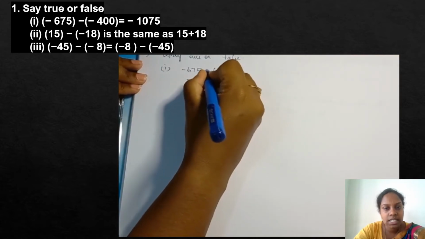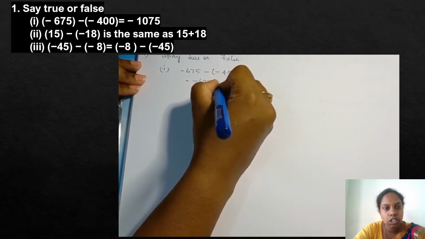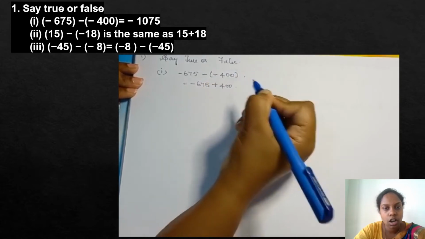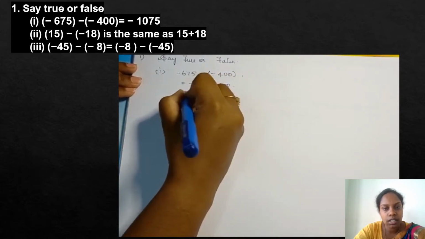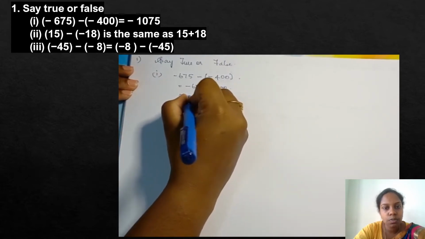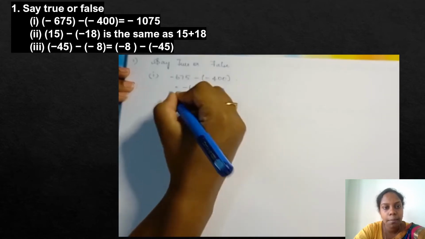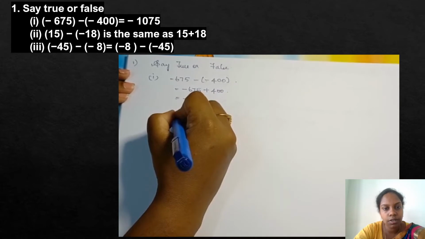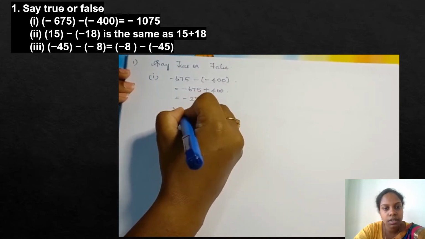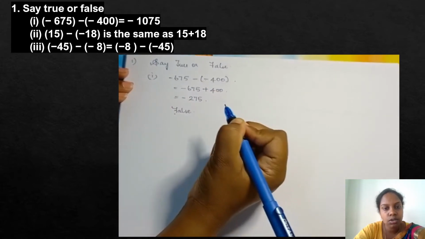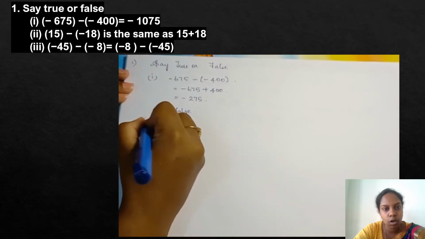Now minus 675 minus into minus will give you plus 400. That is again minus into plus will give you minus. Minus 675 plus 400 is 275. Using the bigger number's sign, it is minus 275, which is false.